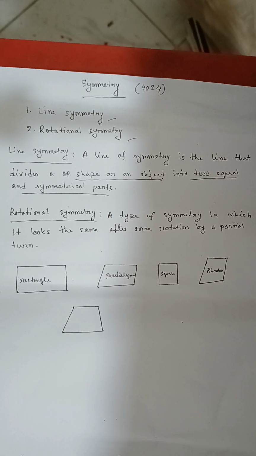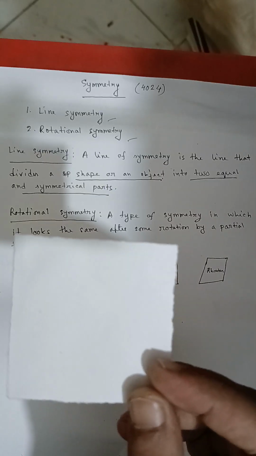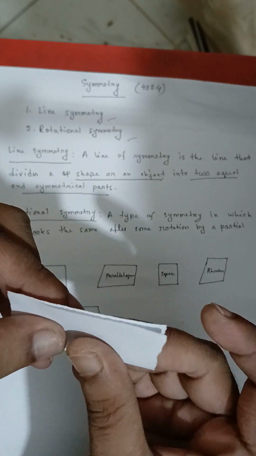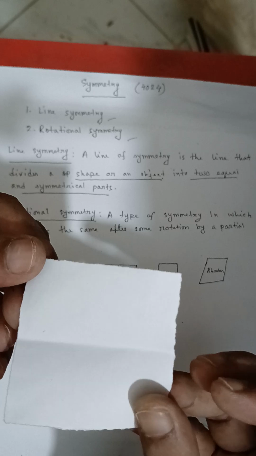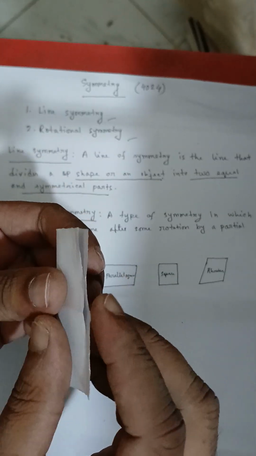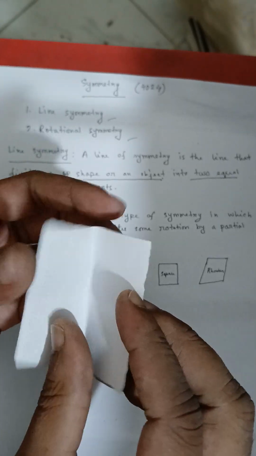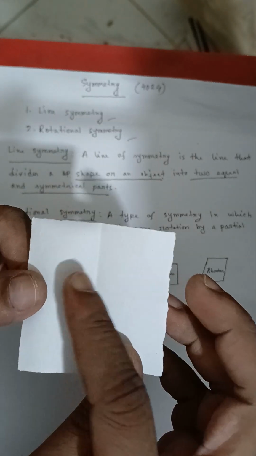If I show another one, this is a square shape, right? If I fold it here, I'll get two equal parts. If I fold it that way, I'll get two parts again, right?